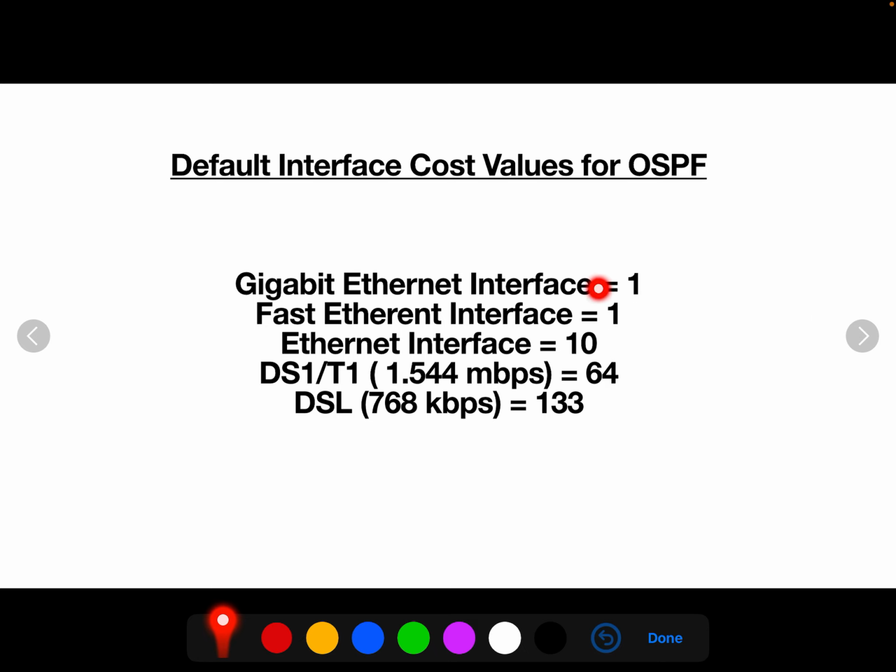Fast Ethernet interface, cost of 1. Ethernet interface, cost of 10. DS1 or T1, which is used in North America and Japan, 1.544 megabits per second, that's a cost of 64. And DSL 768 kilobits per second, that uses a cost of 133. So these are default interface cost values for OSPF.